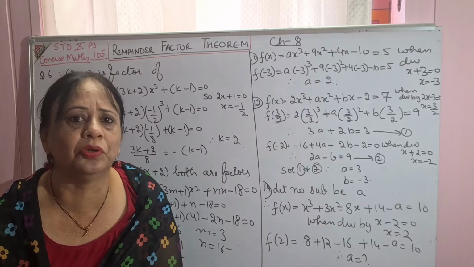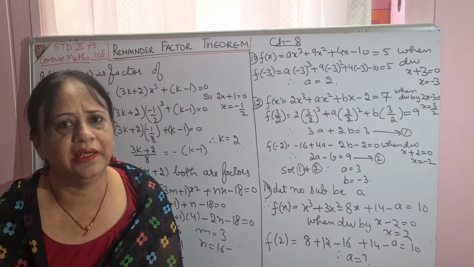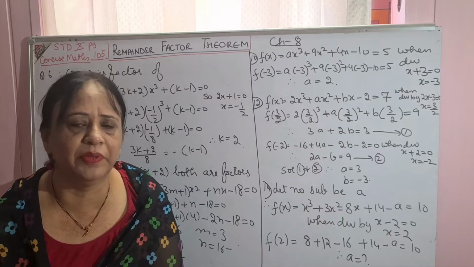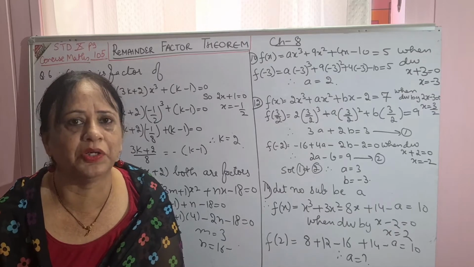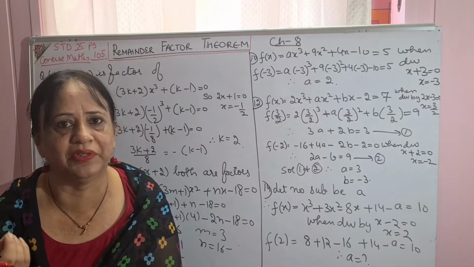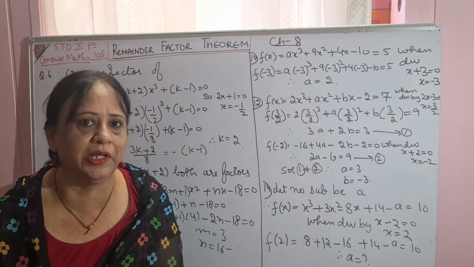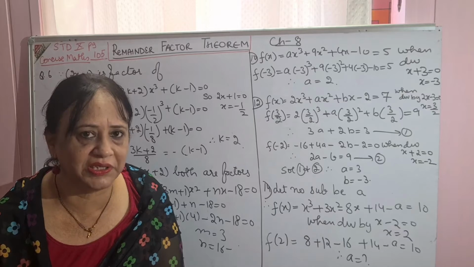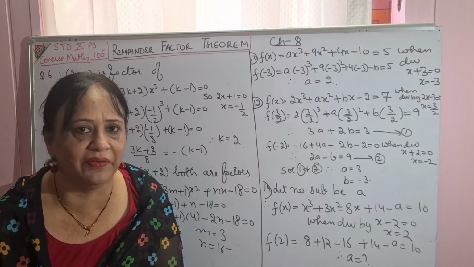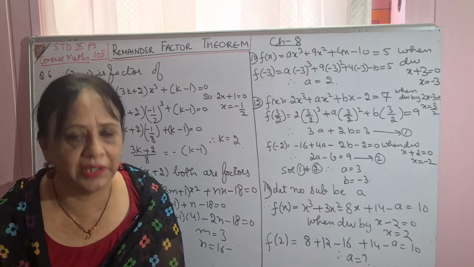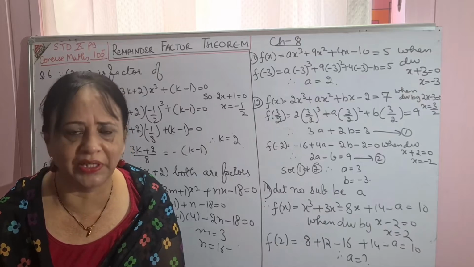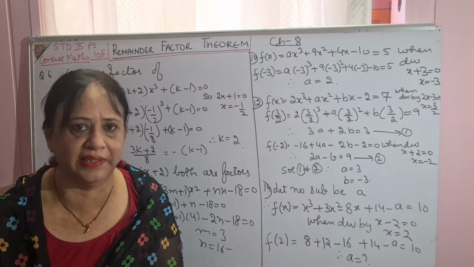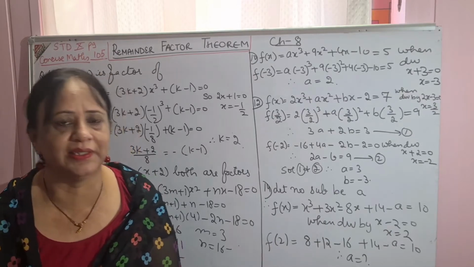Then they can go to any degree to infinity. I will be talking mostly about x raised to power 3, and that is all that is in your syllabus. An equation in a variable whose power is 3, not more than that. There are higher ones, but in your syllabus only up to 3. I'll just make you understand the things.